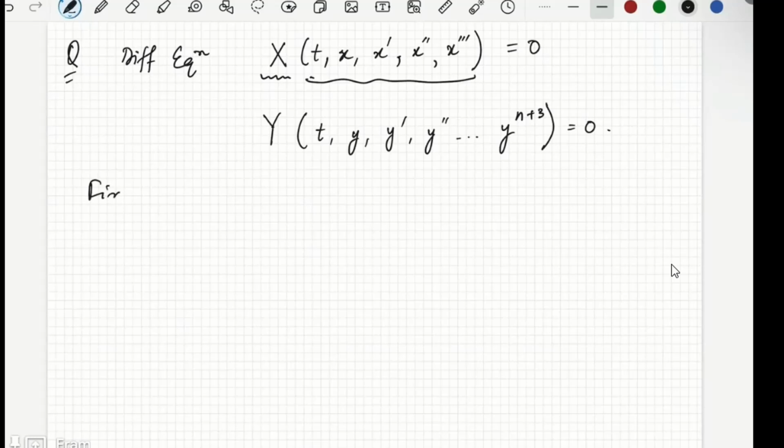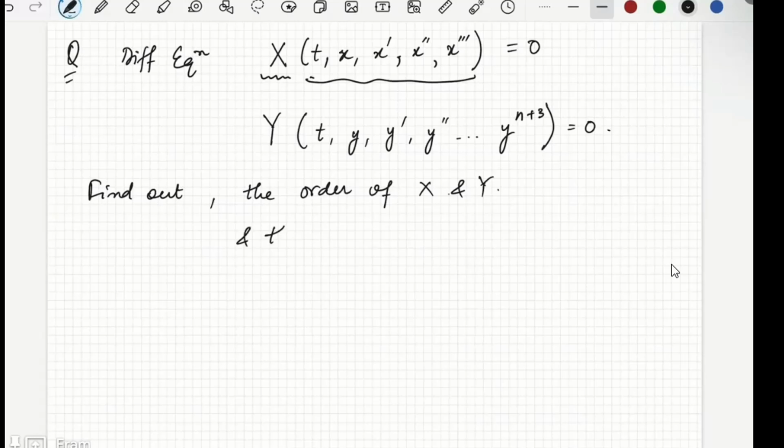Find out the order of x and y and the domain of x and y.